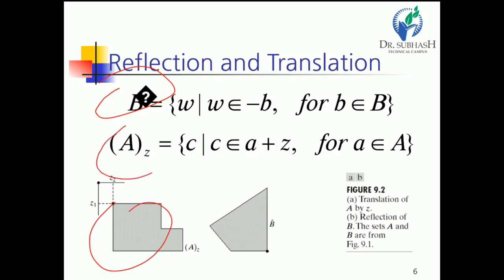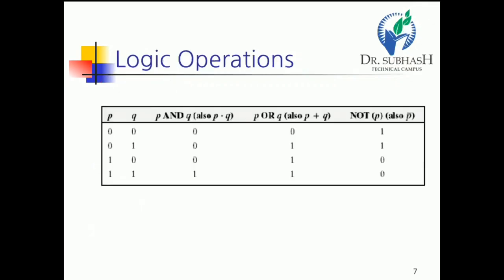That can be represented with the function of translation of A, meaning inside the bracket, c equals alpha plus z, where alpha belongs to capital A. In figure B, that is the reflection of B. This is the reflection of B and the set A from set B.